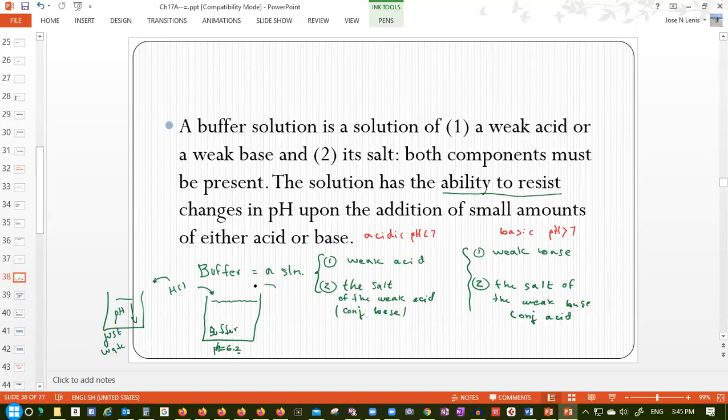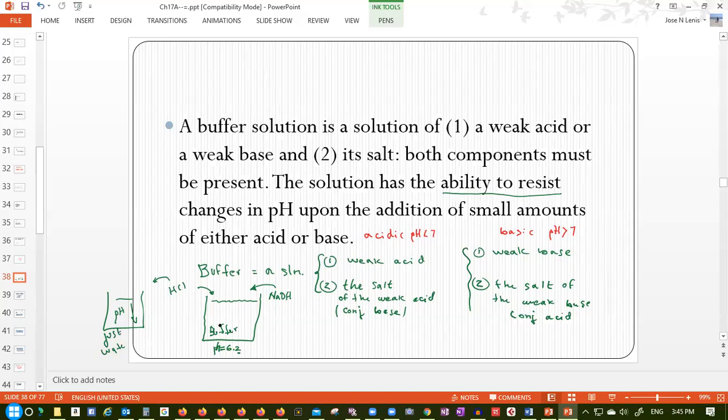Similarly, if by mistake you add a solution of a strong base, if you add the strong base in just water, the pH will go up and will kill whatever you had there.